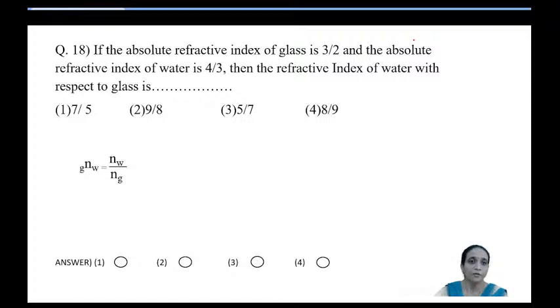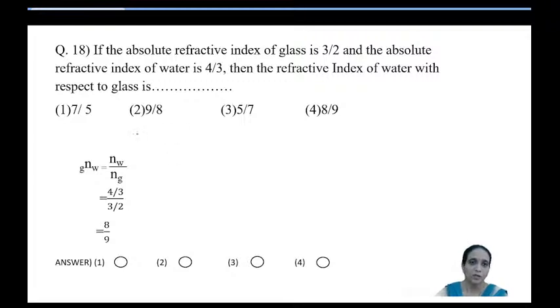We are going to find out the refractive index of water with respect to glass, which is given by the formula refractive index of water upon refractive index of glass. Put the values over here. Absolute refractive index of the glass is given to us as 3/2, absolute refractive index of water 4/3.